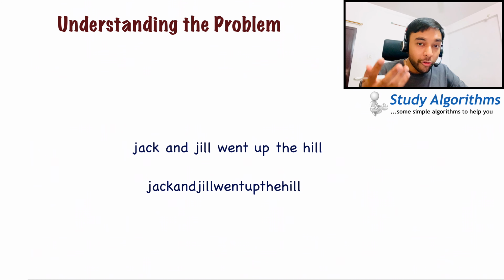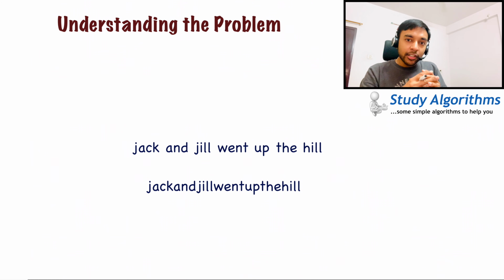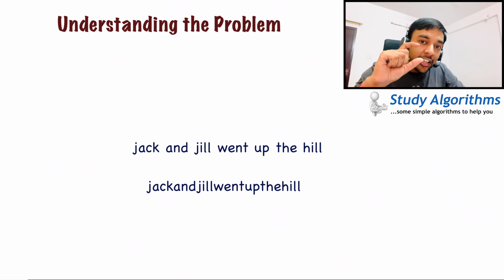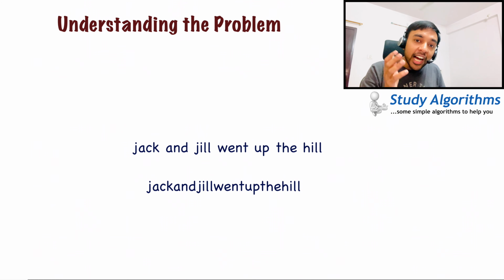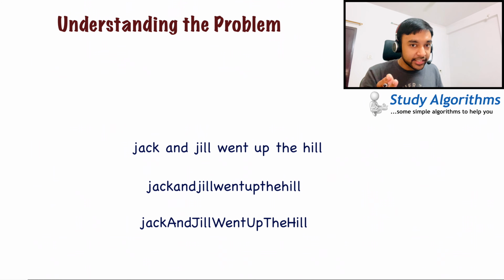But now what happened is all these words got mixed up. There is no way that you can distinguish this is where a word ends and this is where a new word begins. So to overcome this problem, what we did is we introduced a capital letter wherever a new word is beginning. So ultimately, our string ended up looking like this.